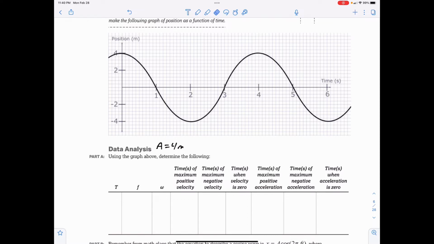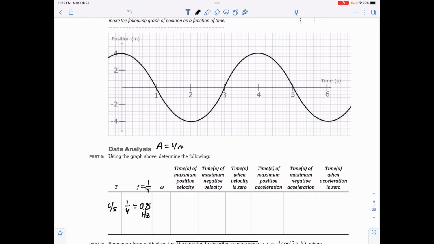So the period is 4 seconds. Now the frequency, well, that's the inverse of the period. So we're going to go 1 over T, which would be 1/4 or 0.25. 0.25 cycles per second, or 0.25 hertz.